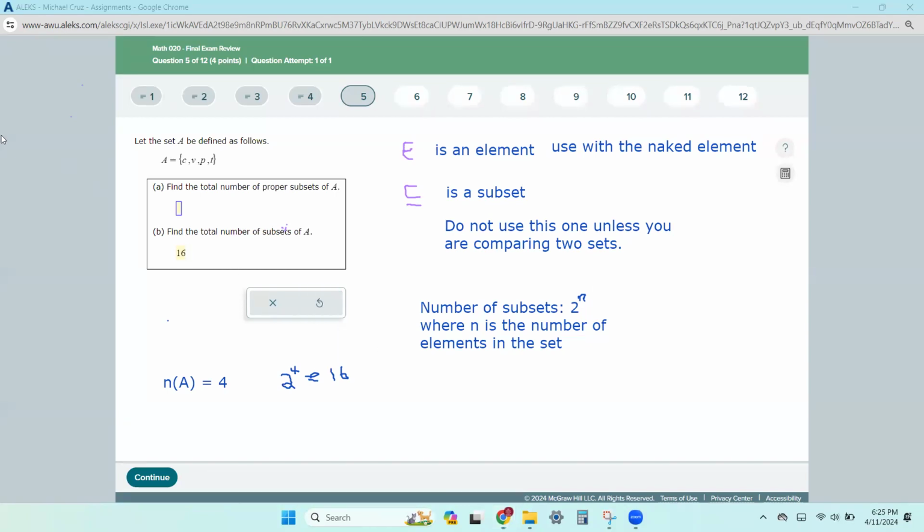Subtract 1. Yeah, and I'm going to write that down. I wish it was here so you could write this down for me while I keep talking. But subtract 1 to get the number of proper subsets.